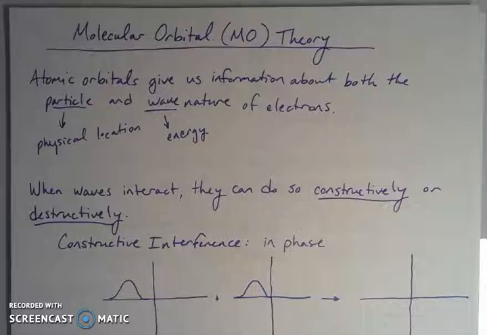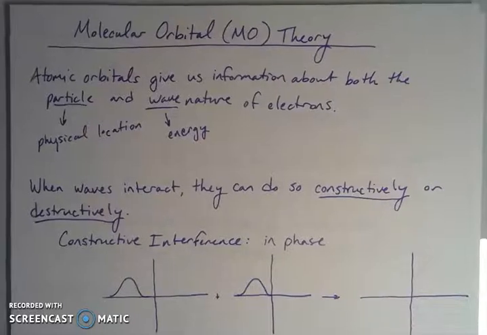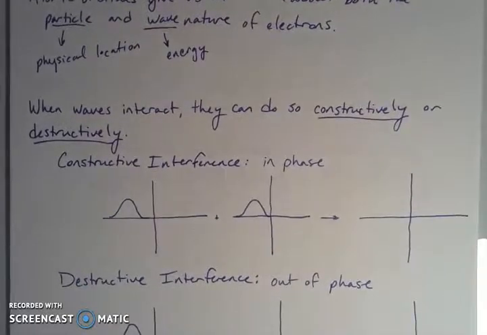So in order to talk about that, we need to remind ourselves about waves. When waves interact, they can interact with each other constructively or destructively. And I like to think about it as ocean waves because I would love to be on a beach somewhere right now. If you picture ocean waves, you've seen sometimes when ocean waves roll in and then another batch rolls in, and when they hit the same spot, they get bigger, right?